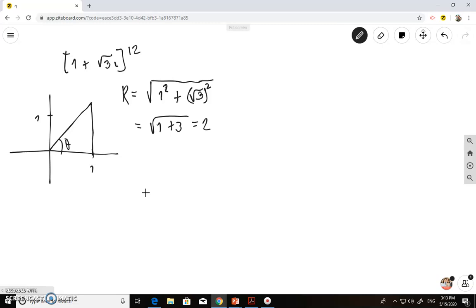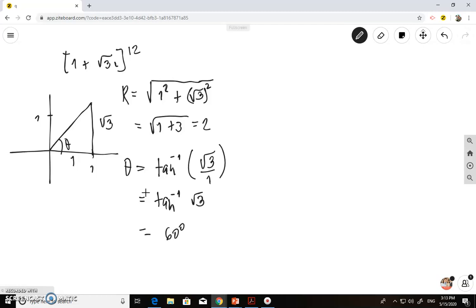And then our theta is equal to arctan of square root of 3 over 1, which is tangent inverse of square root of 3, which is equal to 60 degrees. So therefore our theta is equal to 60 degrees.